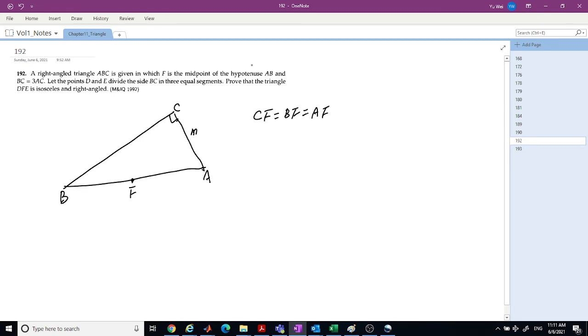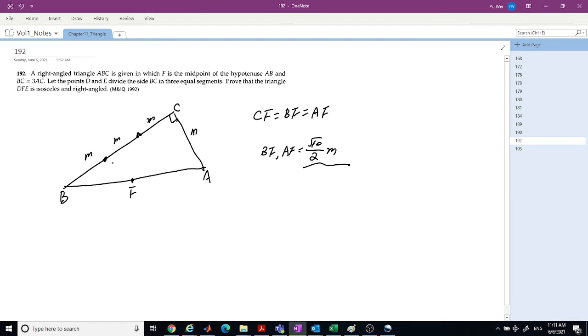Then D and E divide this into 3 equal parts, so we have m and m and m. Now we can parameterize BF and AF, which is root 10 over 2, so root 10 over 2 times m, times 3.